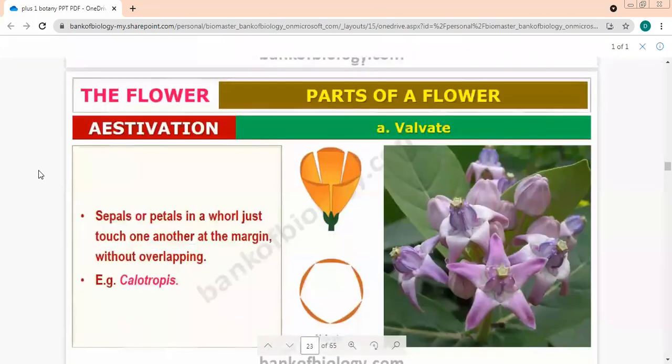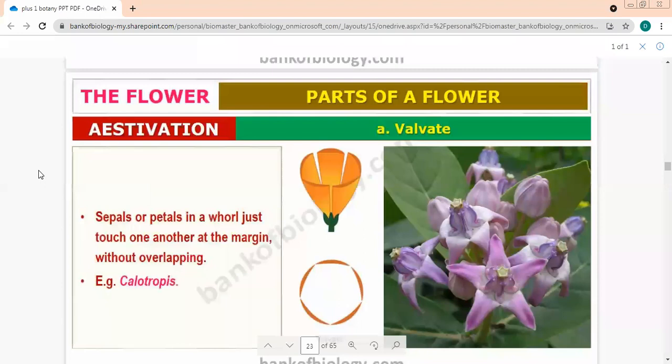I'll show you a little more detail. See the first one and then we'll discuss. I told you that this is a little complicated topic. Do it calmly, looking carefully.